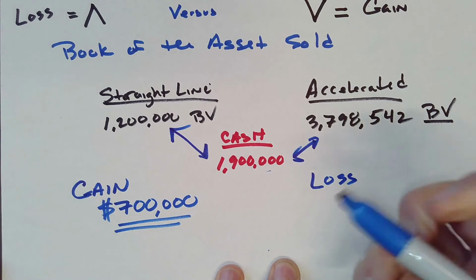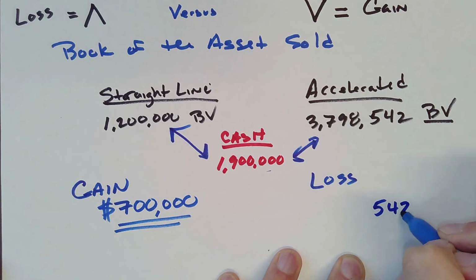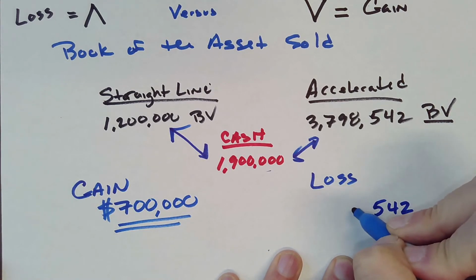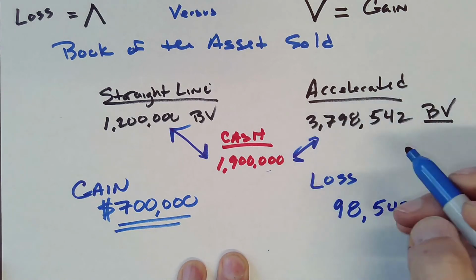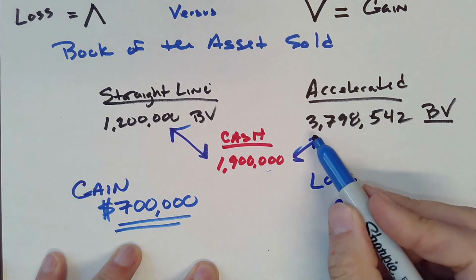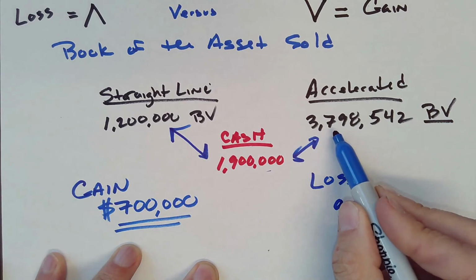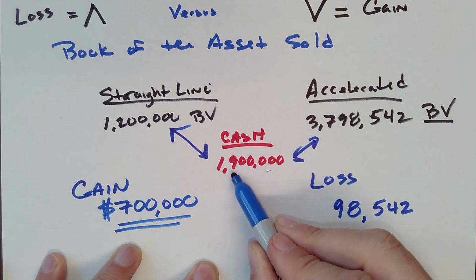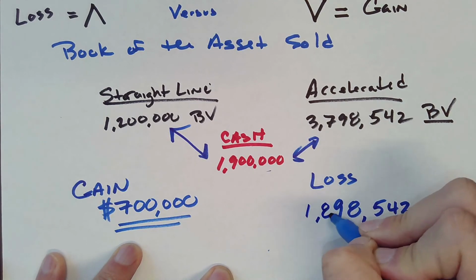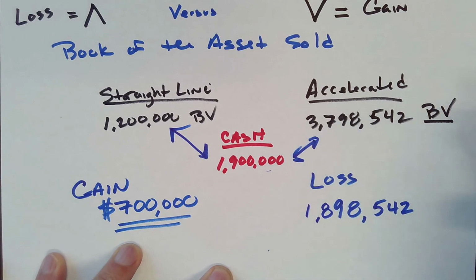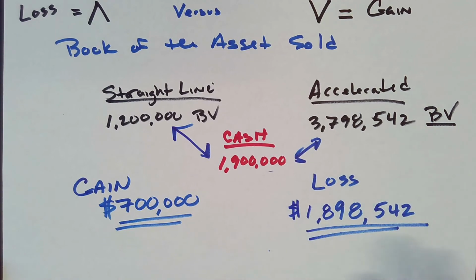Doing the math real quick, 37 minus 19, so I think I'm looking at 1.8 million. Yep, a 1.8 million loss.